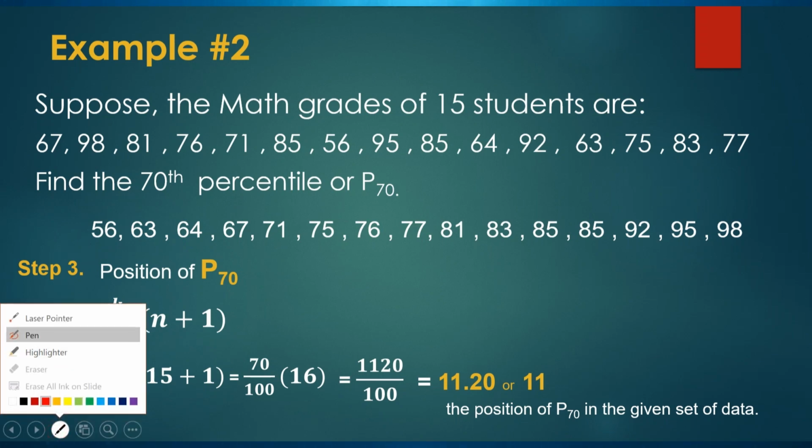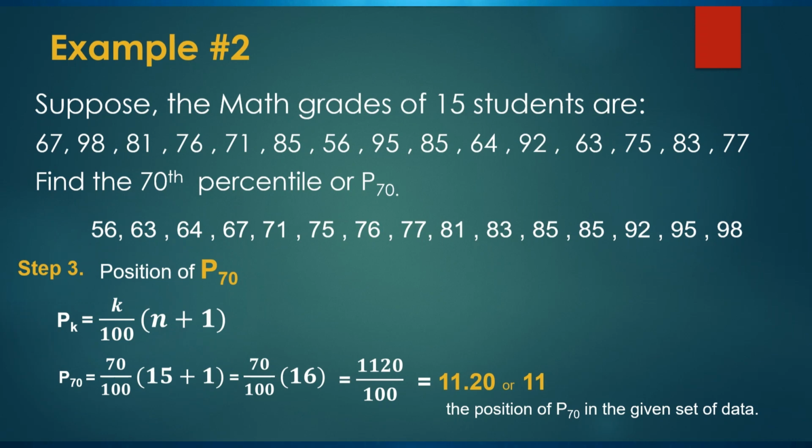So titingnan natin sa data, ka-11. So 1, 2, 3, 4, 5, 6, 7, 8, 9, 10, 11. So therefore, our P70 is equal to 85.